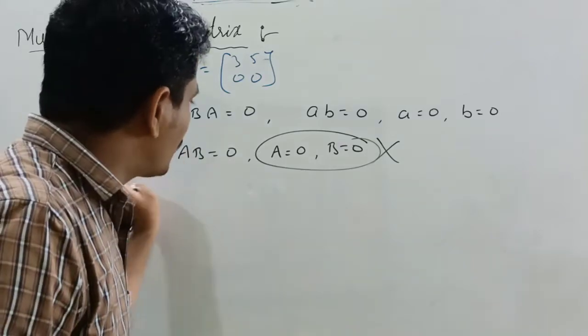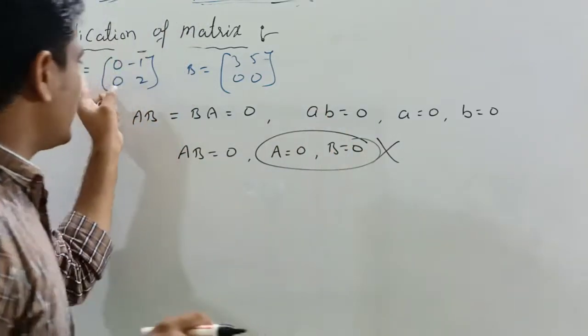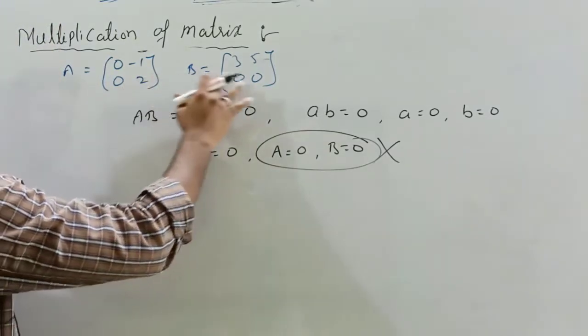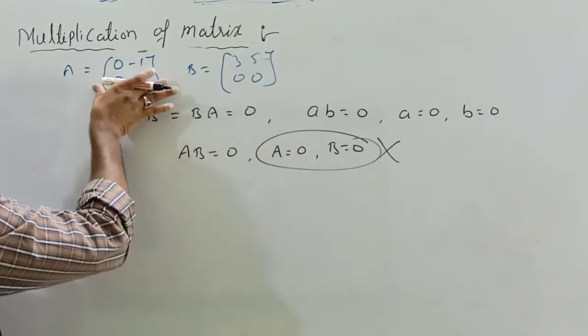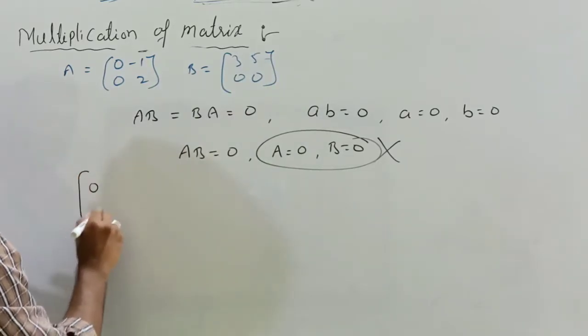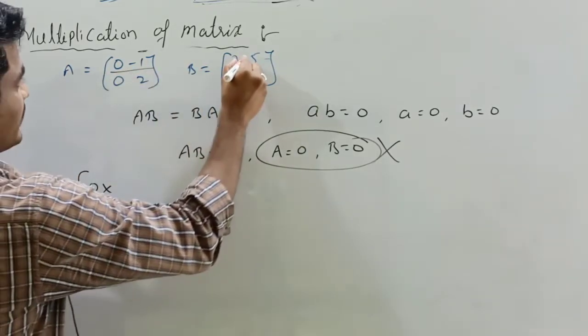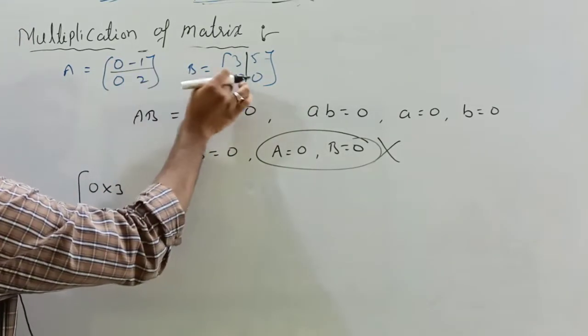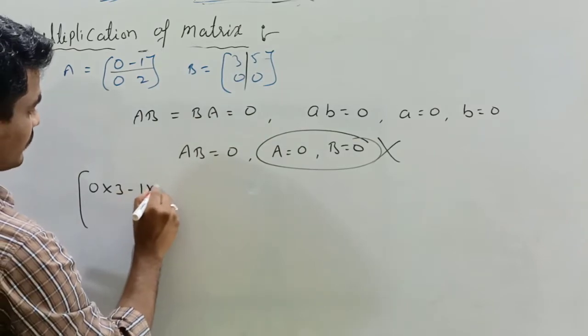To show this, I am going to explain with an AB example. Let us take matrices A and B. When I do the multiplication, first 0 into 3, and minus 1 into 0. Next, 0 into 5, and minus 1 into 0.